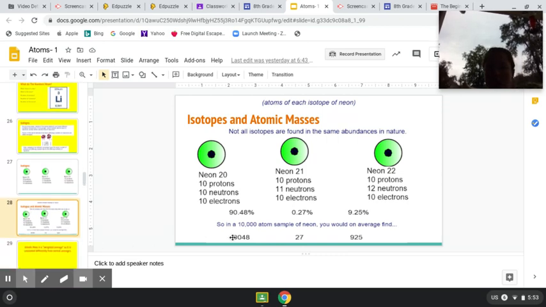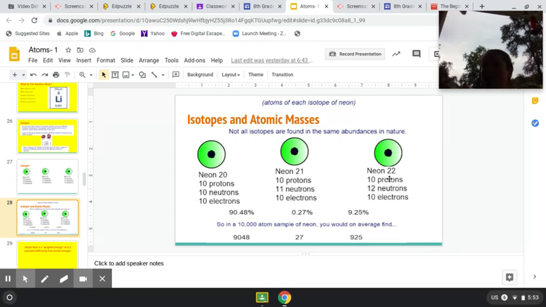All right, so this is how we would find the atomic masses of the isotope. In 10,000 atoms, 9,048 of them are neon 20, 27 of them are neon 21, and 925 of them are neon 22.